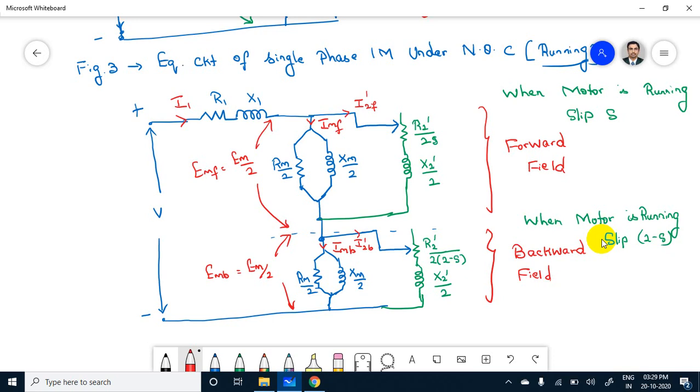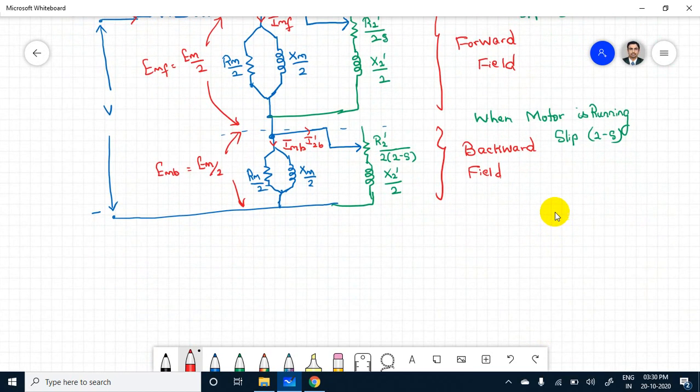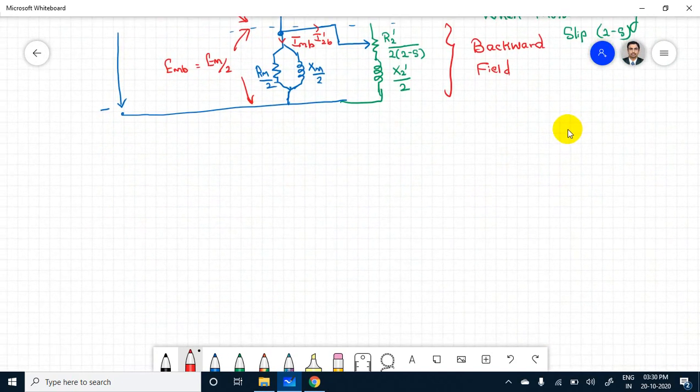This I2F dash is called rotor current in forward field. Okay, I2B dash is called rotor current in backward field. Okay, in backward direction. You understand?